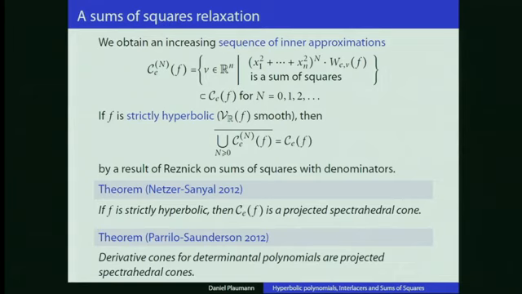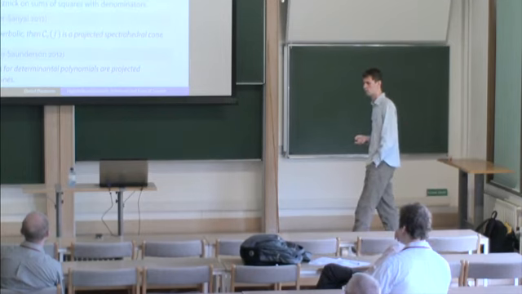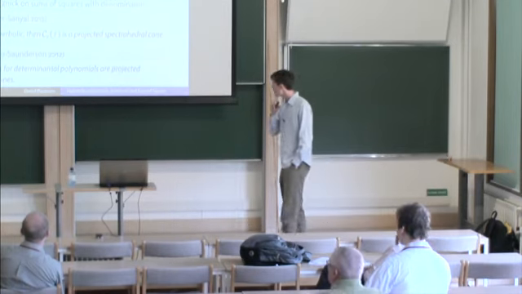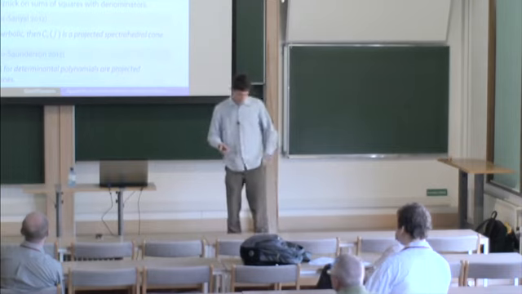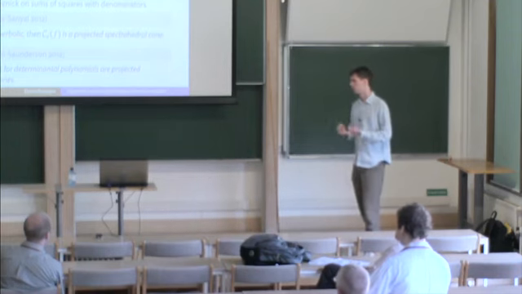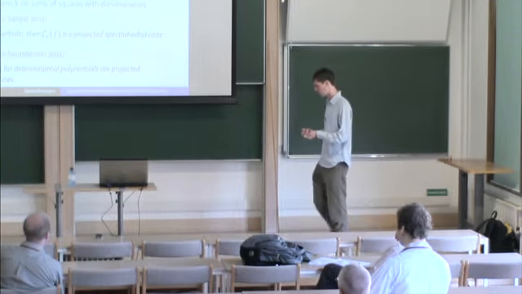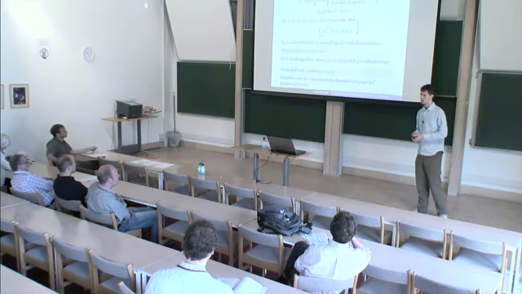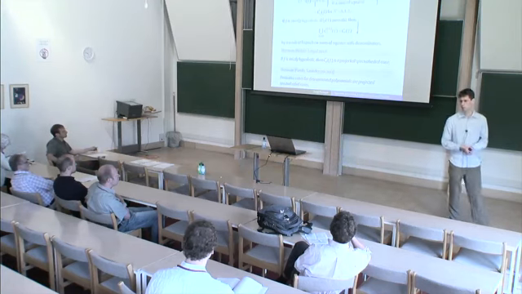And also there is a result by Pablo Parrilo and James Saunderson for derivative cones of spectrahedral cones, which I think Tim also spoke about at least briefly. So on the one hand, this description of the interlacer cone by this non-negativity condition gives you some way of relaxing hyperbolicity cones to spectrahedral cones.